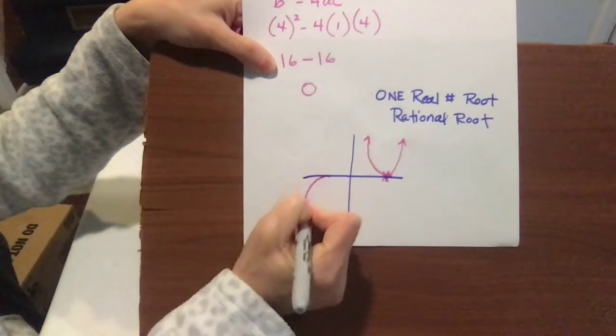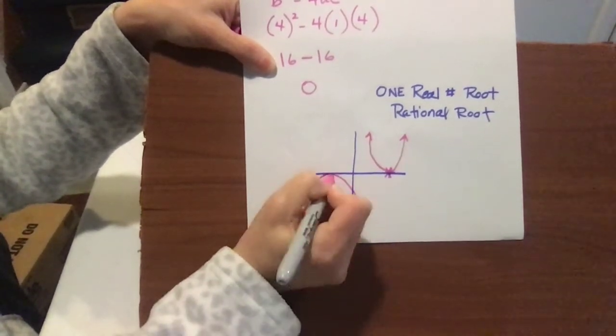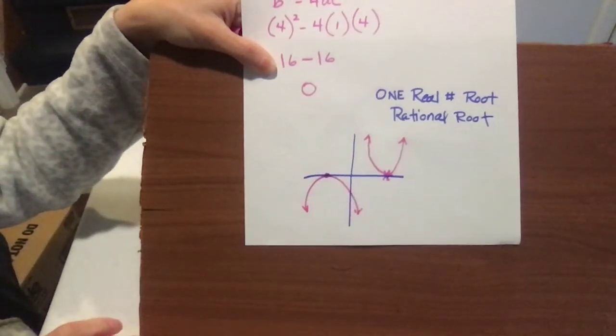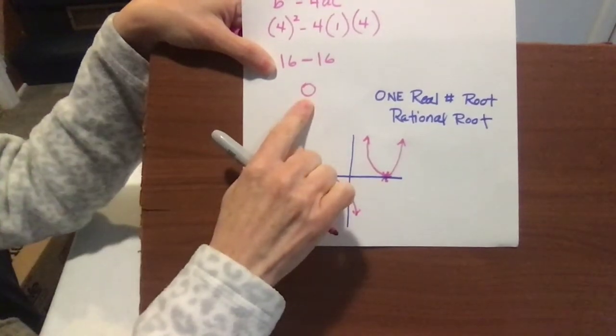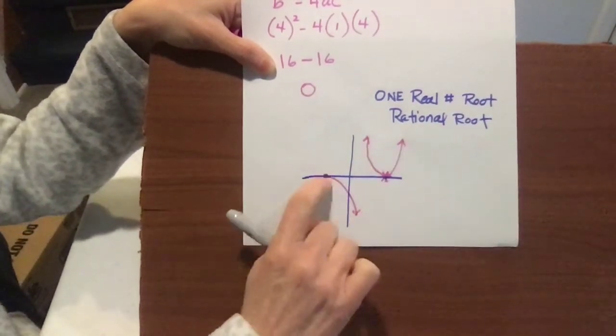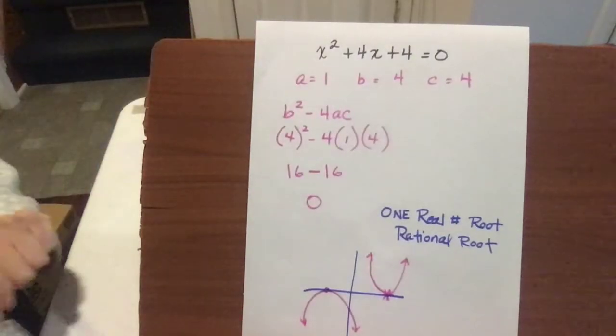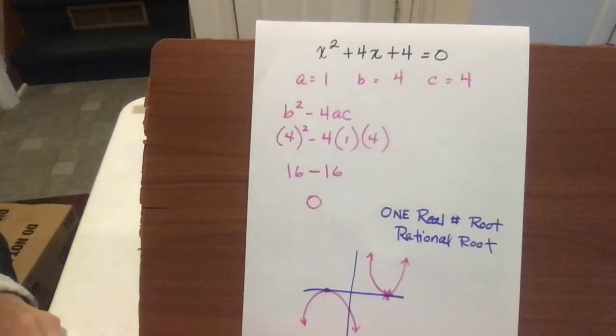Maybe it's going downward, okay? Doesn't matter if it's going up or down, but where it sits on the x-axis is only one. So when your discriminant comes out to 0, you have one real number root, it is a rational number, and it just means the vertex is sitting on the x-axis, all right? That's why you only have one root. That would be a rational number.